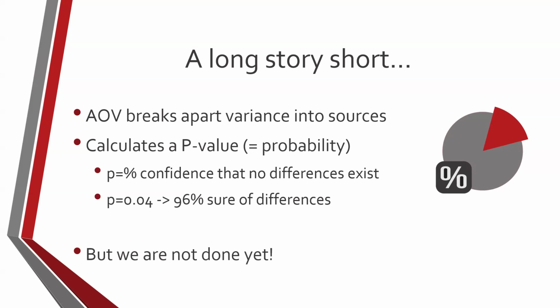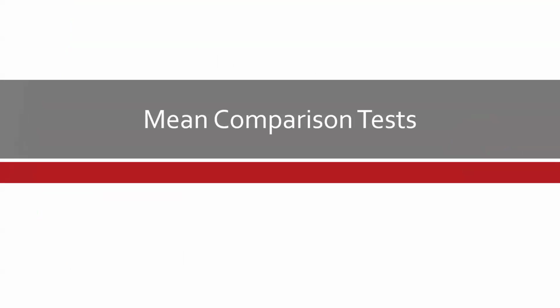But we are not done yet. We need to know which observed differences between treatments are significant and which are not. And so the AOV analysis does not provide an answer about which observed differences are significant, just whether there's evidence that a significant difference does exist somewhere in your list.